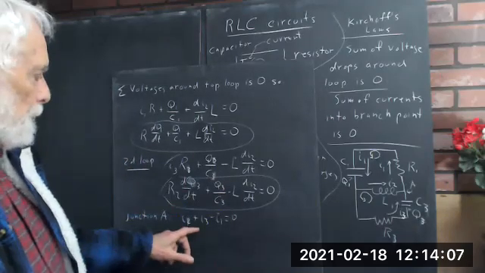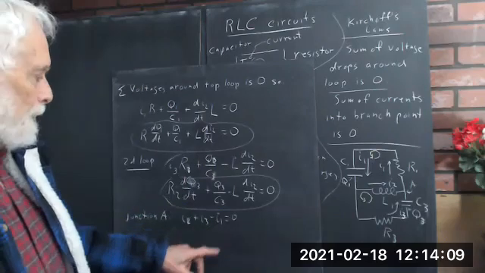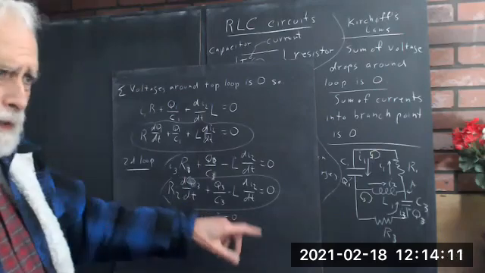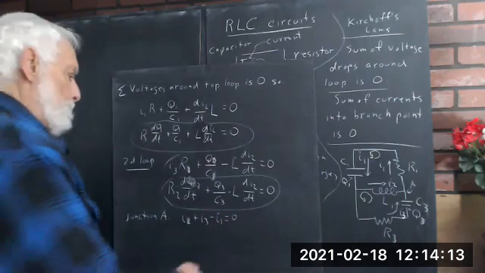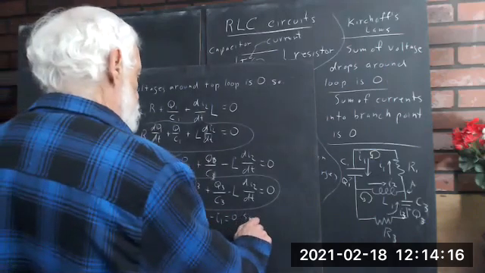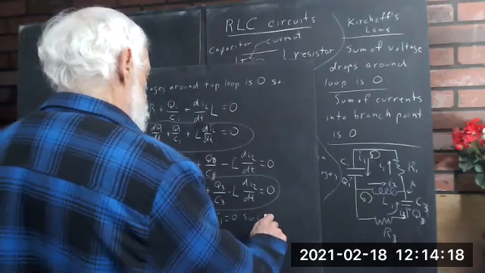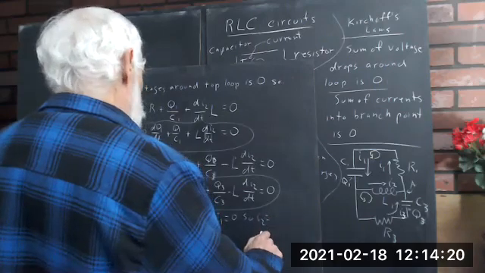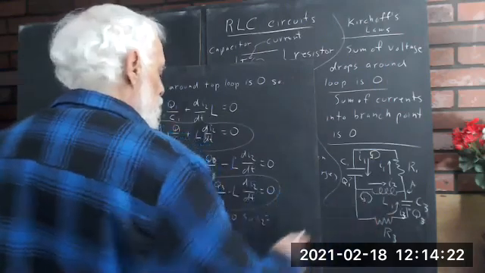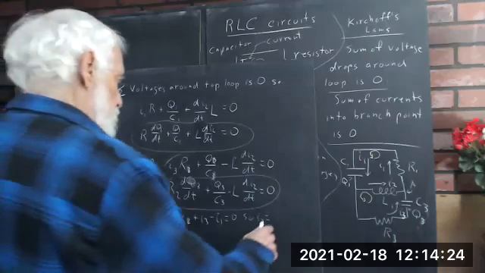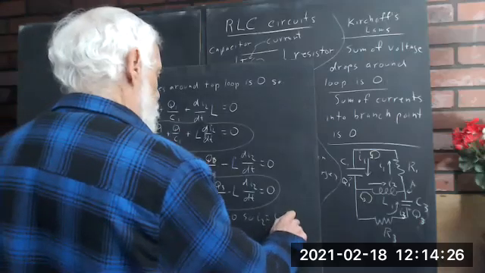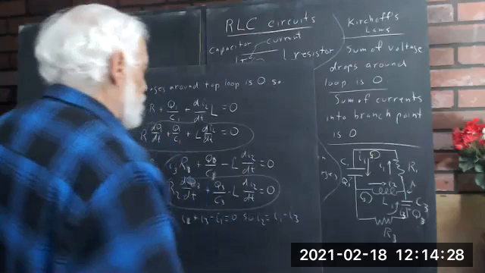So we have I2 plus I3 minus I1 equals 0. So I2, which is the current through this inductor, is I1 minus I3.